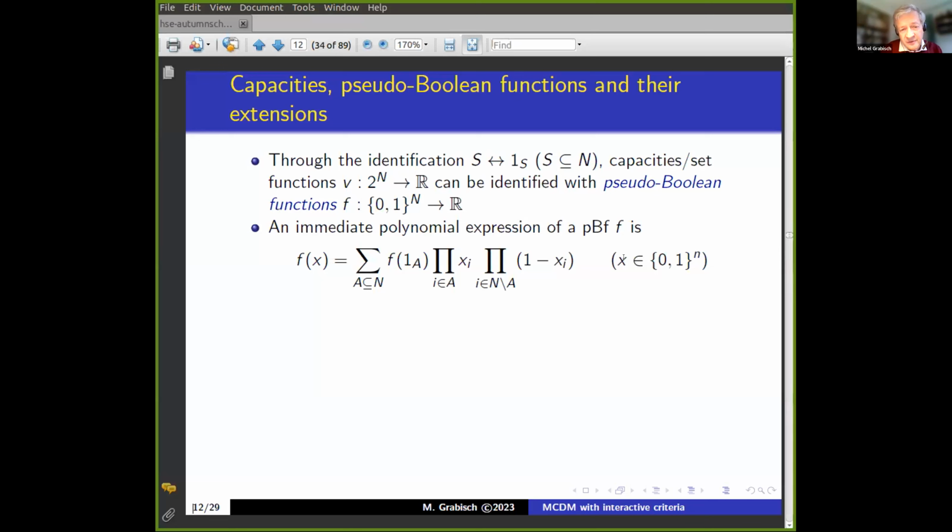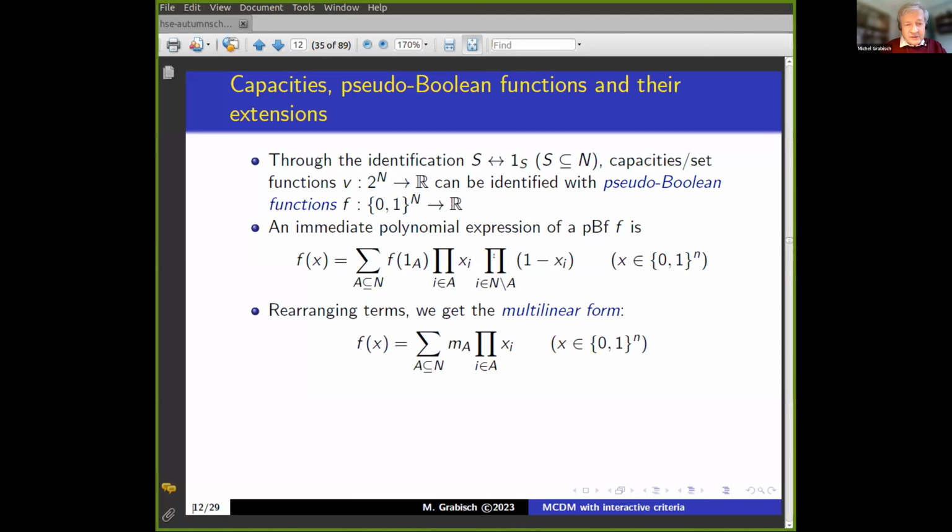Let us take a vector which is a vertex of the hypercube, and suppose that X is corresponding to the set A. Then in this sum will remain only the term of f of 1A, because this term will be equal to 1 only in this case.